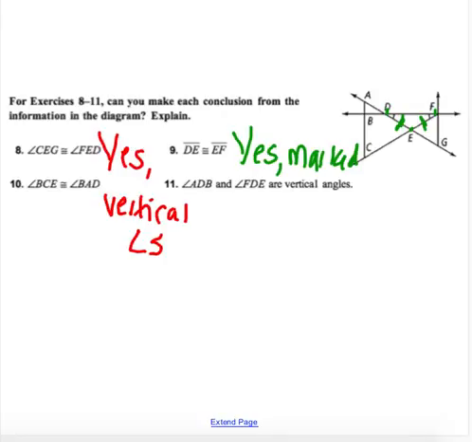Hopefully that makes sense. I'm going to erase this part here. 10 says angle BEC, or I'm sorry, BCE. So BCE, this angle here, is that congruent to BAD?